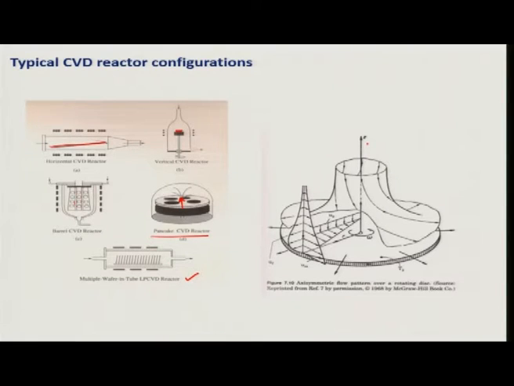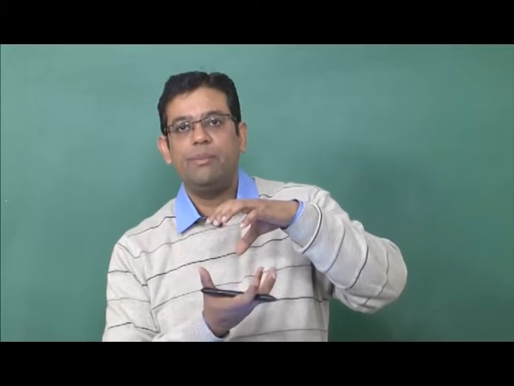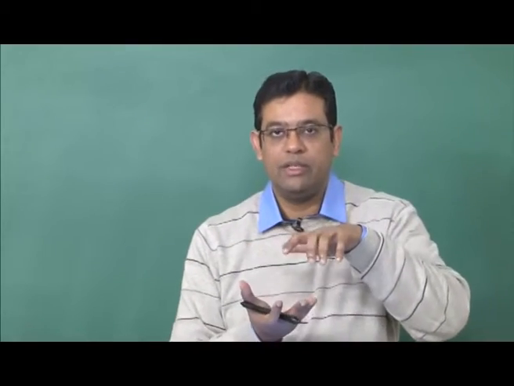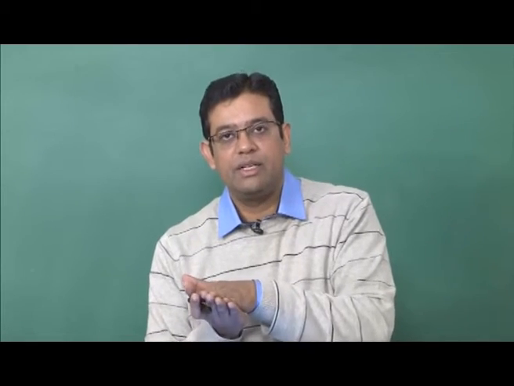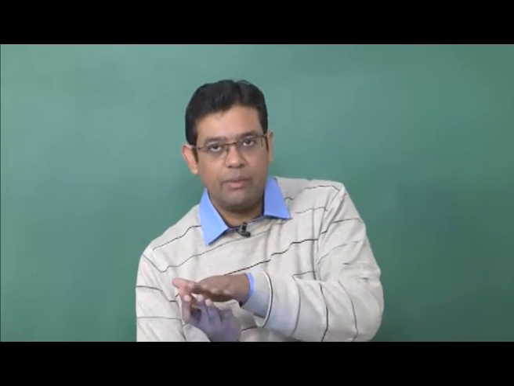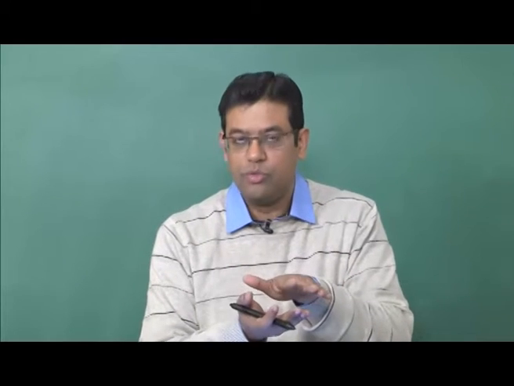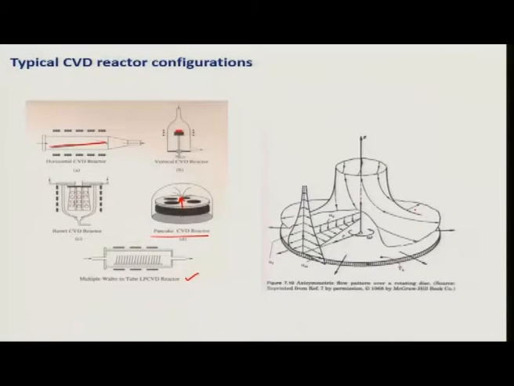This figure also shows, because of uniformity, you sometimes need to have a rotation of the substrate or substrate holder, and this substrate holder will also rotate the boundary layer along with it, because there is no relative motion between boundary layer and the substrate. So, when the substrate is moving, that boundary layer also will move, and how this will develop into a flow pattern will help in increasing the uniformity of the thin film.